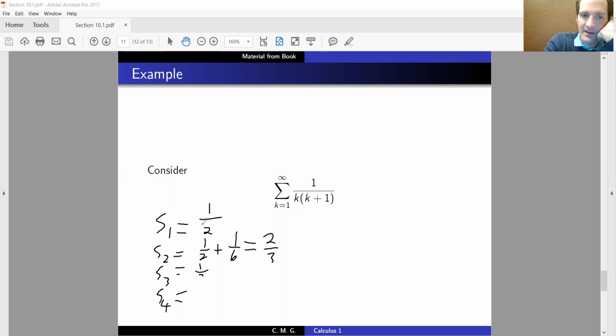Then I have 1/2 plus 1/6 plus, plugging in 3, 1/12. And then again, I add those all up, and what I'm going to get is 3/4.